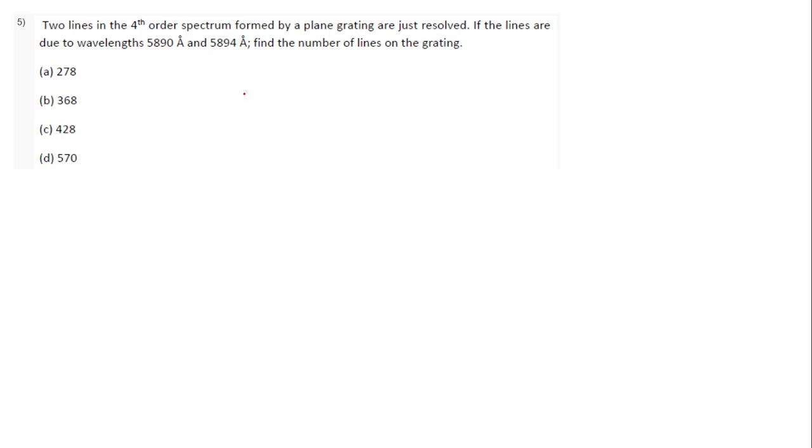So we have a plane grating, and we are talking about fourth order, and two lines are just resolved, and for resolving we know the formula. Resolving power of a grating is given by lambda upon delta lambda, which is also equal to nN, where n is the order and N is the number of lines on the grating.